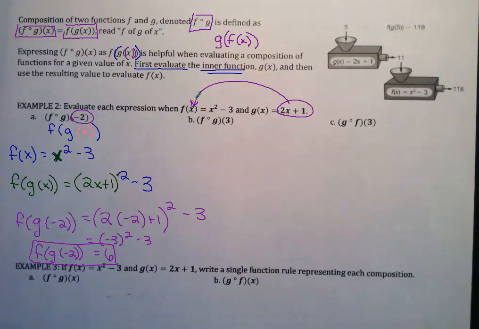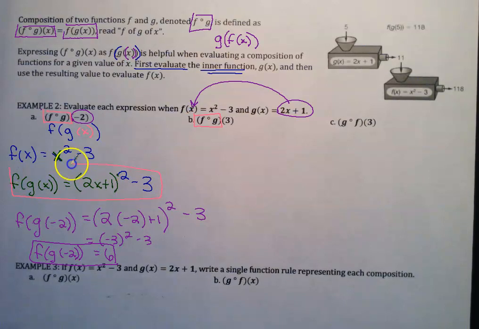Okay, so in B, we're doing f of g of 3 this time. f of g of x, f of g of 3. Is this part any different? No, you've already done the work for that.